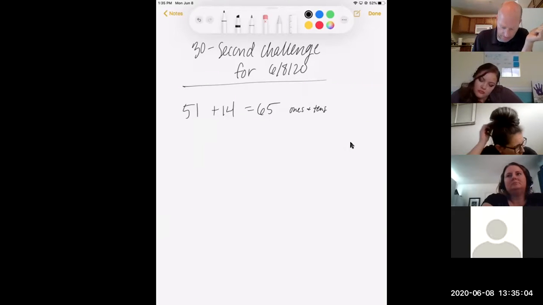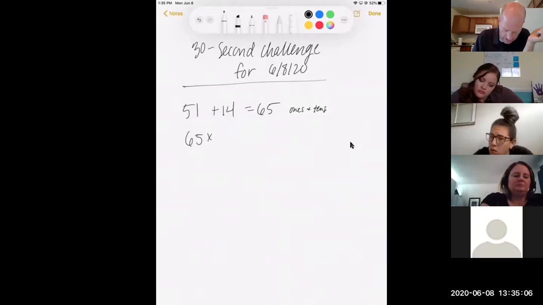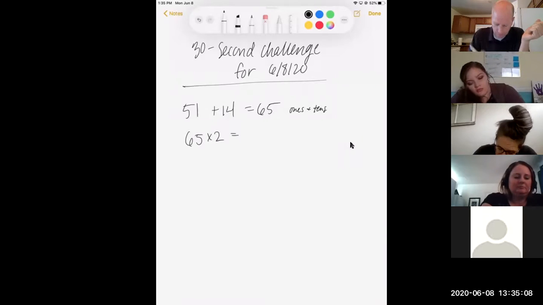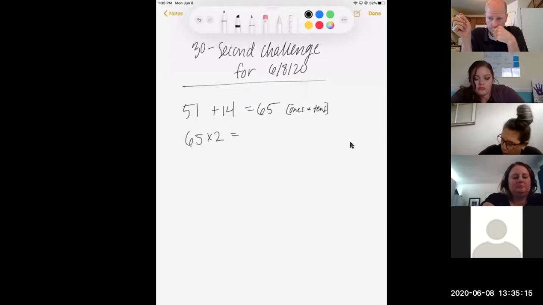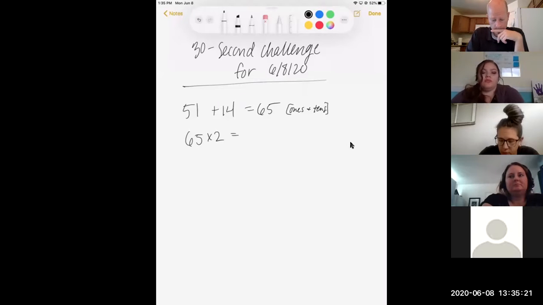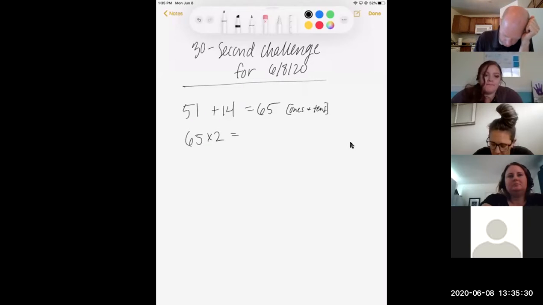So we're going to multiply that by 2 next. How do we multiply that number by 2 in our head? I'm thinking 60 times 2 equals 120. Plus 5 times 2, which is 10, equals 130.